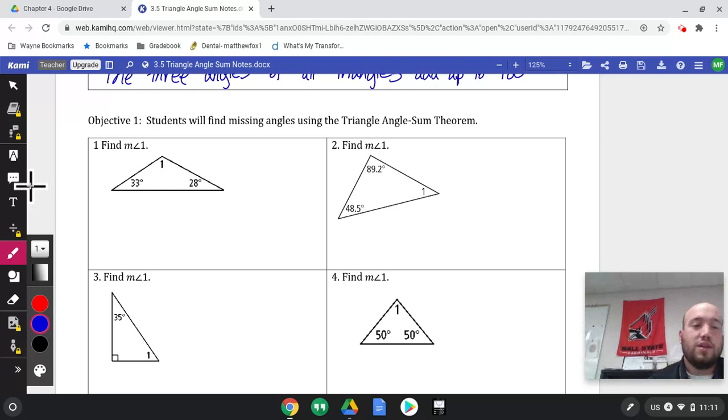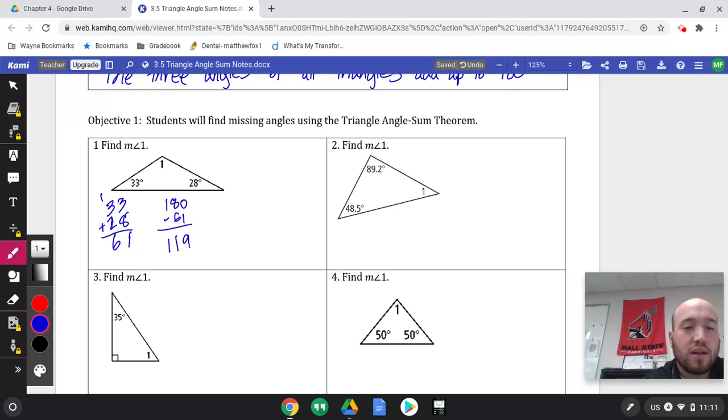All we need to do is add our angles together. 33 plus 28 gives us 61. Since we know the total is 180 degrees, we take 180 minus that 61, and that gives us 119 degrees. If you want, you can write the measure of angle 1 equals 119 degrees.